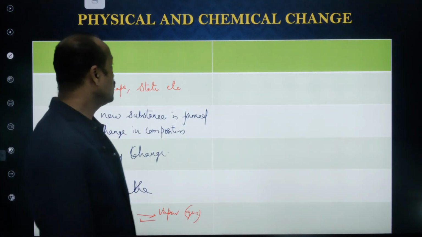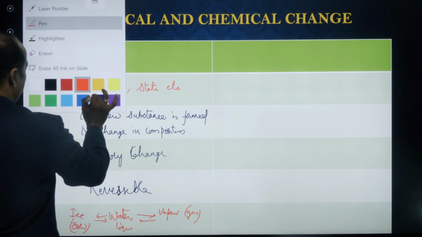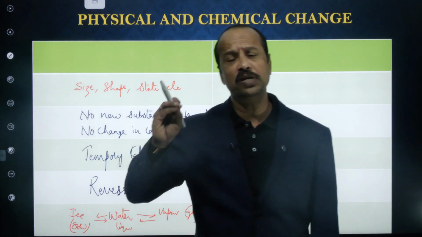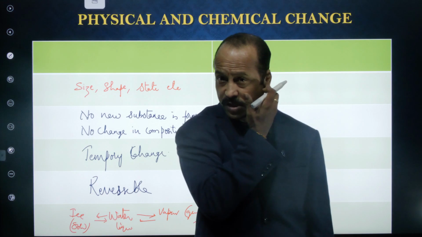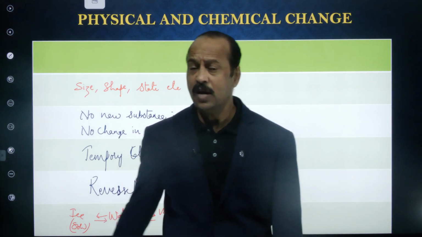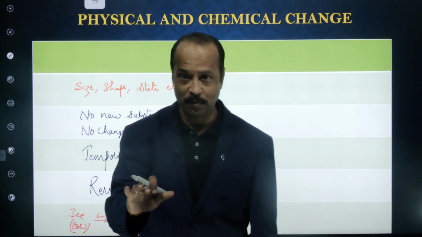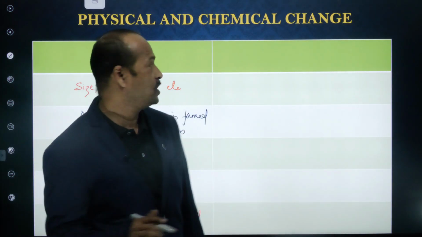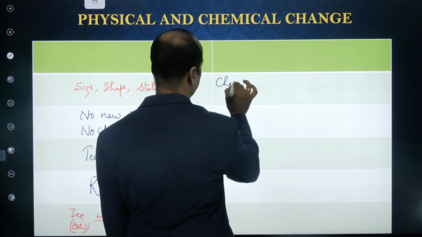Okay. Now let's come to the chemical change. What is chemical change? Chemical change means what? Here there is change in the chemical properties, and of course physical properties also sometimes will change. So there is a change in both physical and chemical properties. If a matter undergoes change in both the physical and the chemical properties, then that's called chemical change.